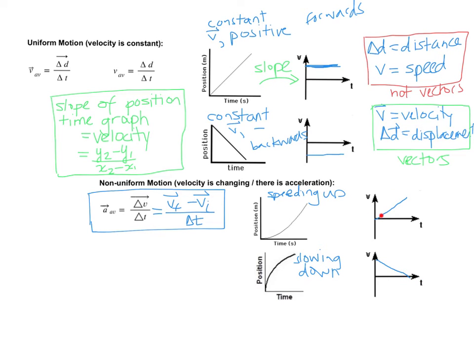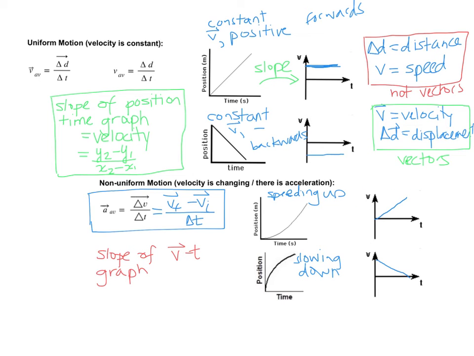So here, when it's speeding up, the acceleration tells us how much the velocity is changing every single second. So if I take the slope of a velocity time graph, that's telling me how much my velocity is changing each second.